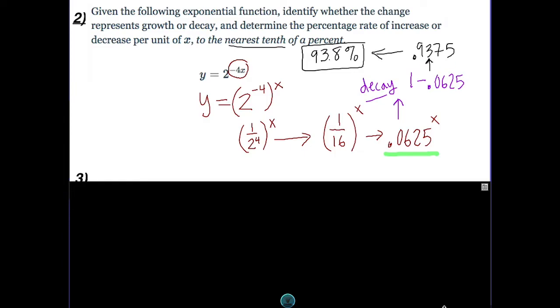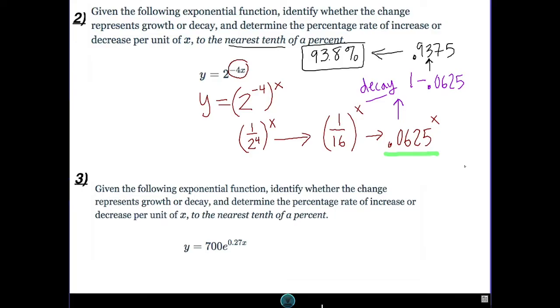This problem right here looks a little bit different. We got a couple things going on here. We have a number in front of the base, and the base of this exponent is a little bit tricky. We want to separate these exponents here.